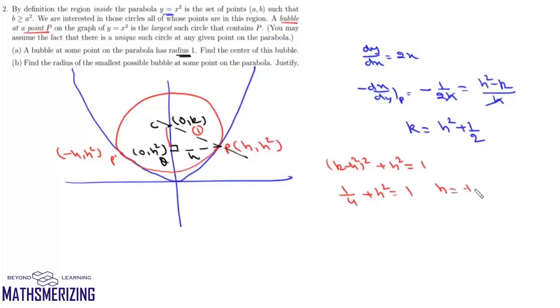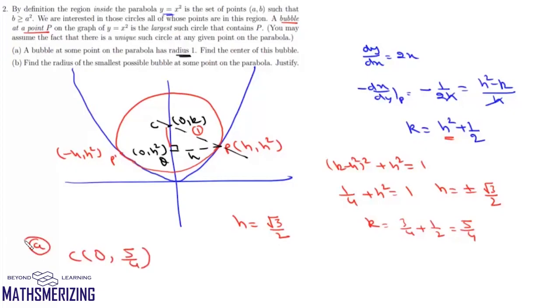So the value of h is plus or minus root 3 by 2. Now if the value of h is root 3 by 2, then we can find k. So the value of k will be 3 by 4 plus 1 by 2, and that will be simply 5 by 4. So the center of this circle will be at (0, 5 by 4). And that's your first part.